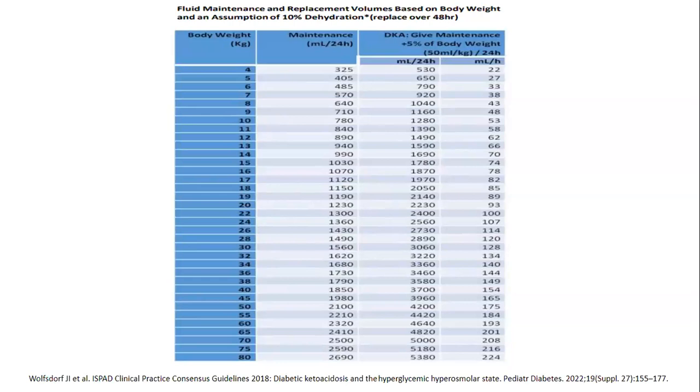Usually during DKA treatment, there's risk of hypophosphatemia, and phosphate depletion usually occurs due to, one, urinary loss of phosphate from the osmotic diuresis that I had explained. Then there's also reduced renal tubular reabsorption of phosphate.